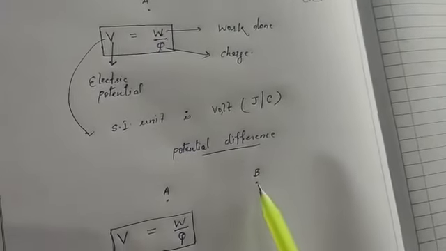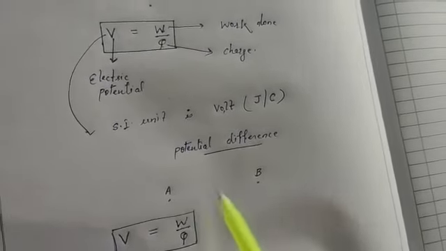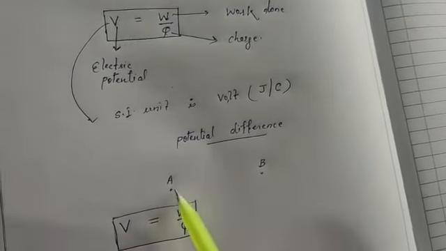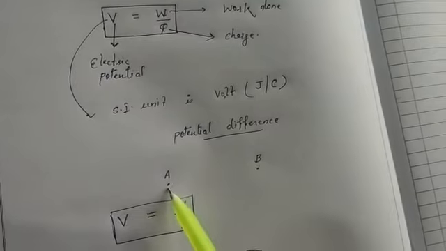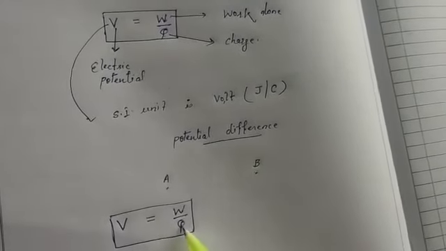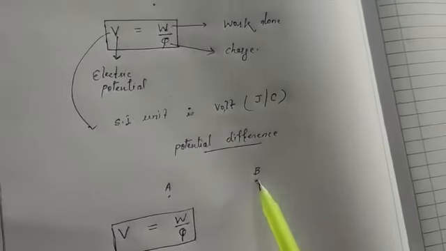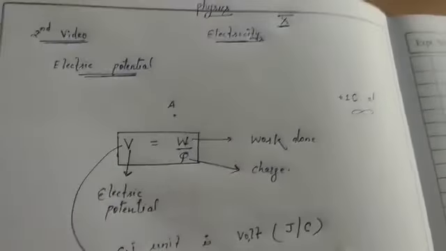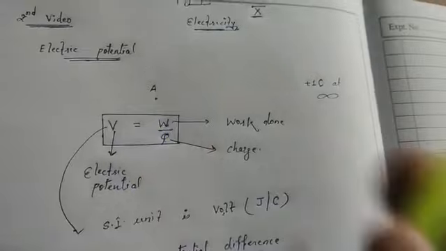Here the electric potential difference between these 2 points is the amount of work done to move a unit positive charge from one point to another, not from infinity to the point.